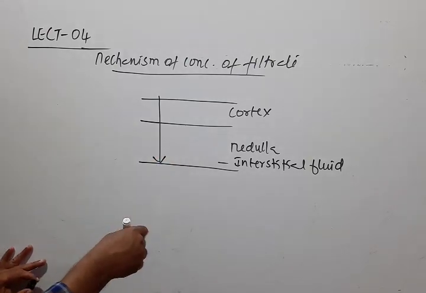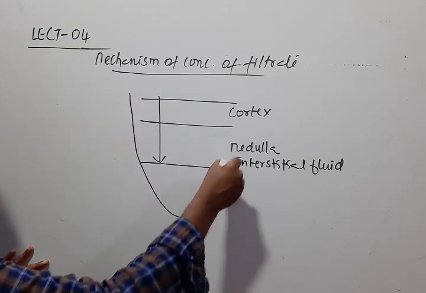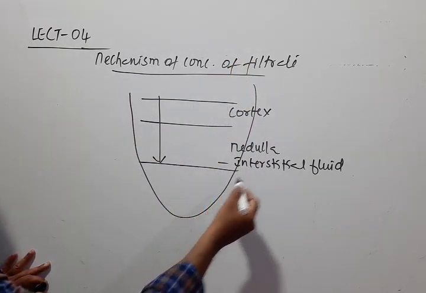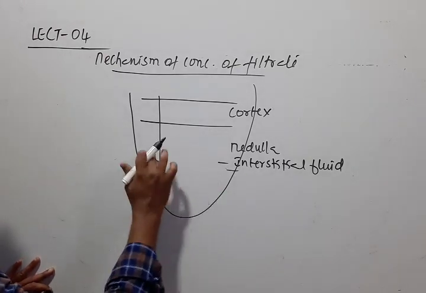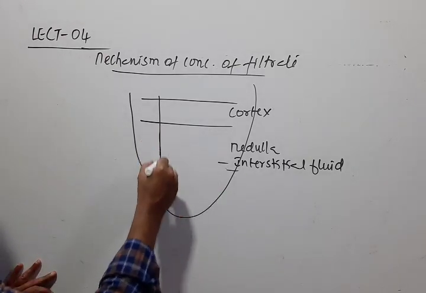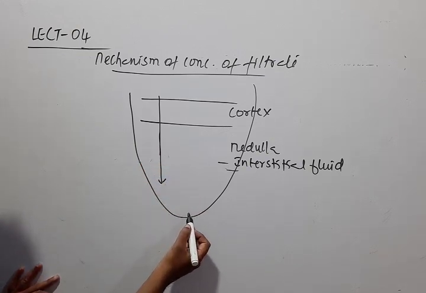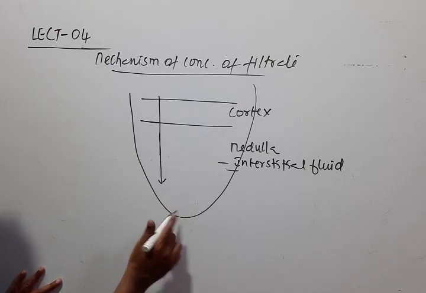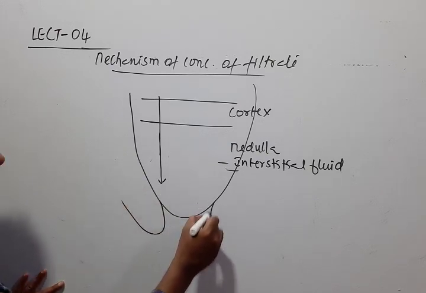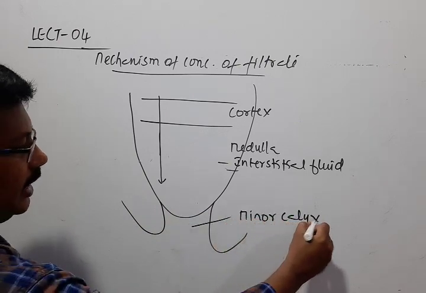We have outer and inner medulla, and that will be almost to the tip of the renal pyramid, from the outer cortex to the innermost medullary region. Here is the tip, and we know many collecting tubules finally open into the minor calyces.